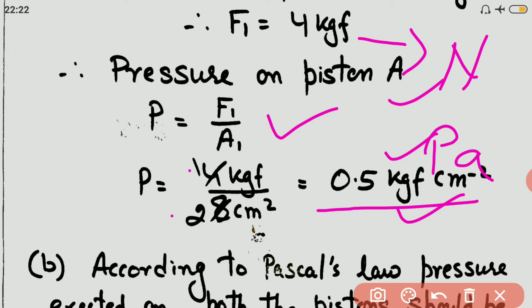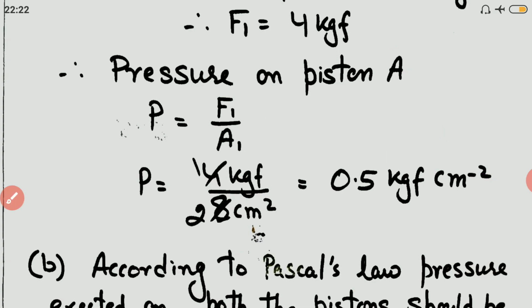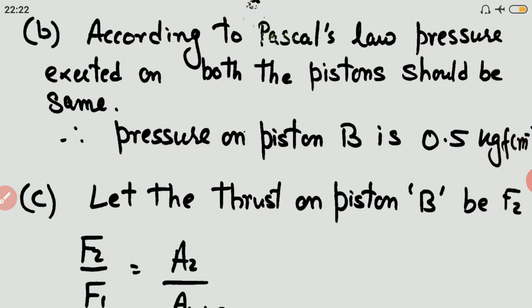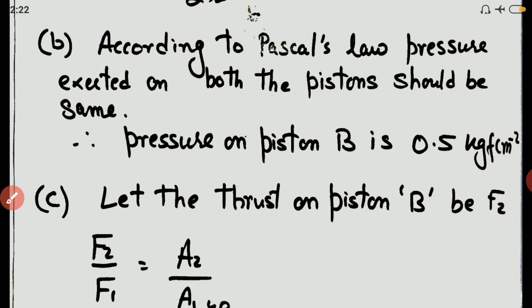Now we can go to part B, where I'm supposed to find piston B's pressure. According to Pascal's law, pressure exerted on both the pistons should be the same. Therefore pressure on piston B also should be 0.5 kilogram force per centimeter square.